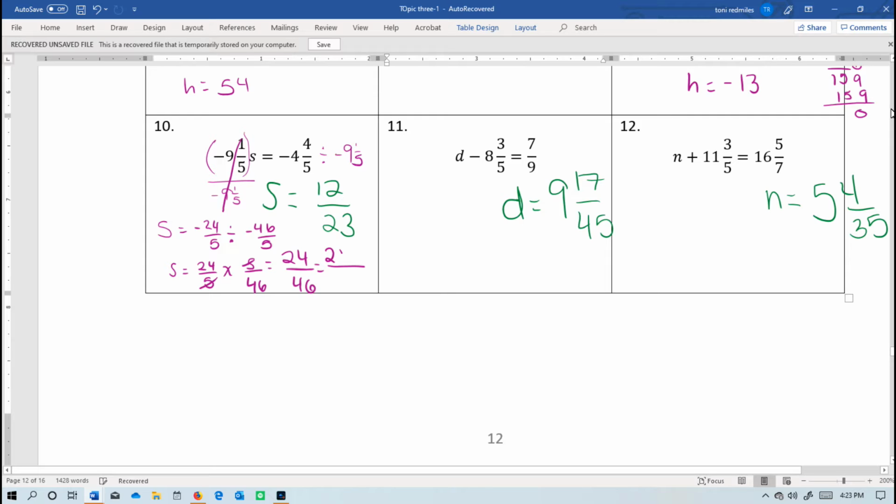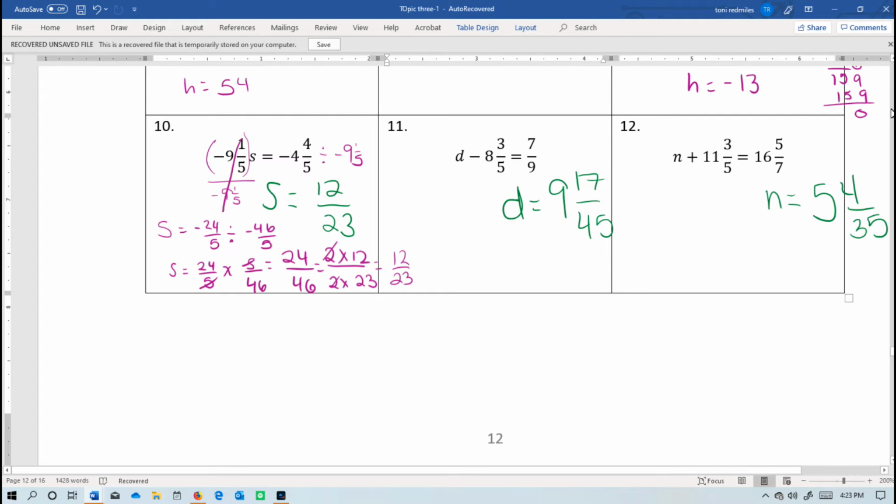Let's do 2 times 12. And for this one, I'm going to do 2 times 23. Okay. So I can reduce by the 2's, and my answer is going to be 12 over 23, which is the answer. Look at that. I love it when it works out.